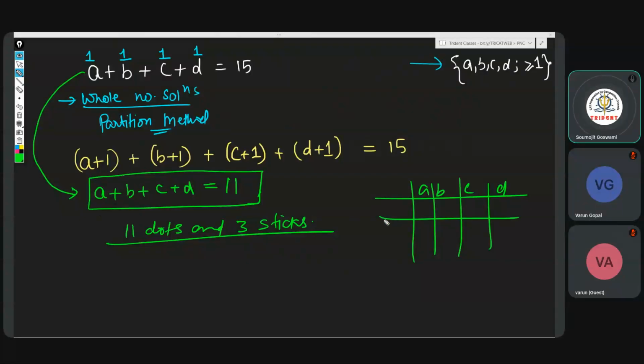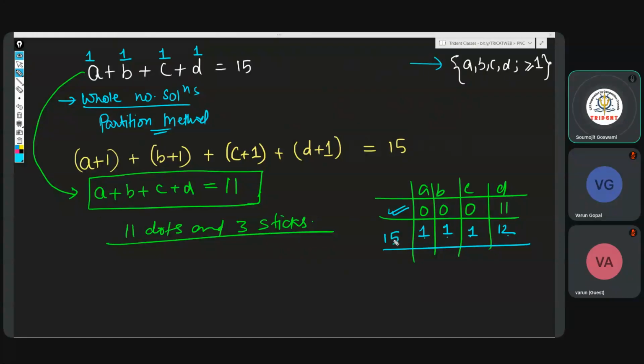Say I'm getting a as 0, b as 0, c as 0, and d as 11. At that point I will say, okay, hold on, a is 0, perfectly fine, but I have taken 1 from a, so I will give a 1, I will give b 1, c 1, and I'll give d also 1. Now this is 12, 13, 14, 15.